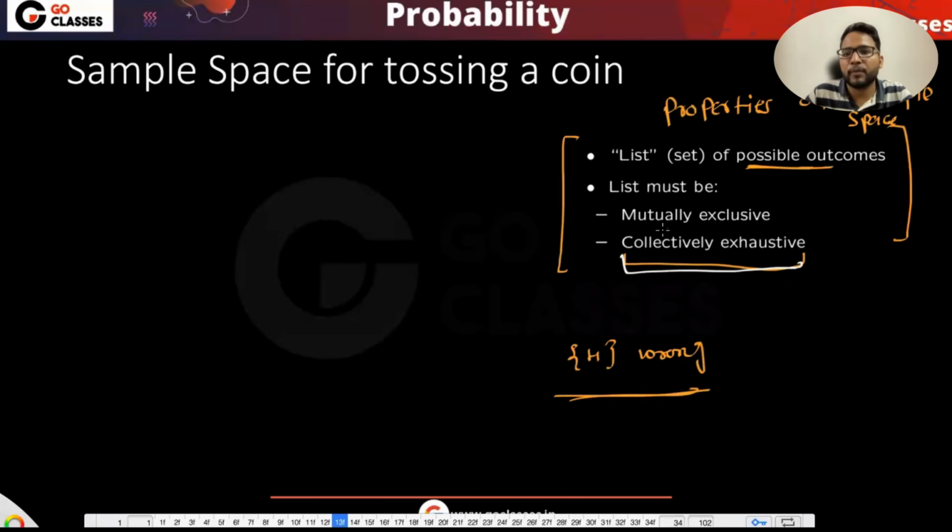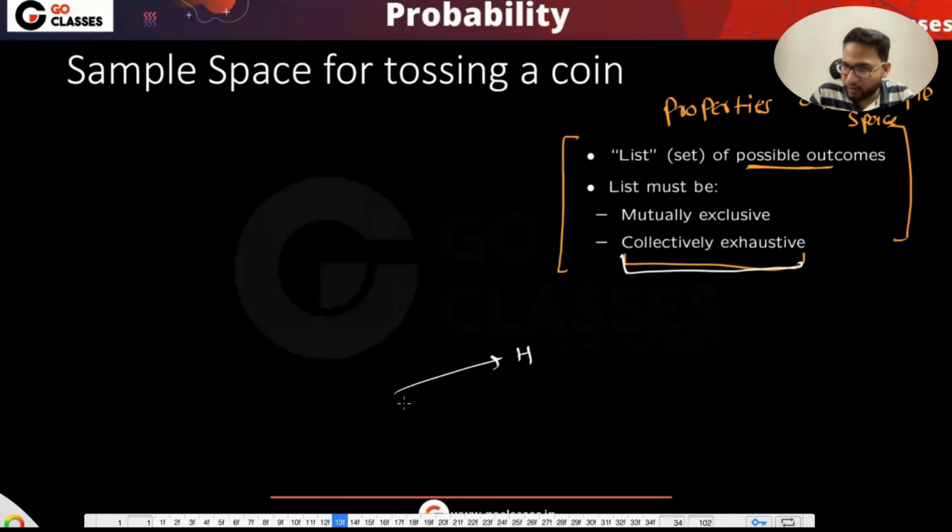The second property is that the outcomes should be mutually exclusive. You can write outcome is head, outcome is tail, but you cannot write that outcome is head, tail, or something like this. There should not be any overlap in these outcomes. They have to be mutually exclusive, disjoint events. I will talk about disjoint events later.